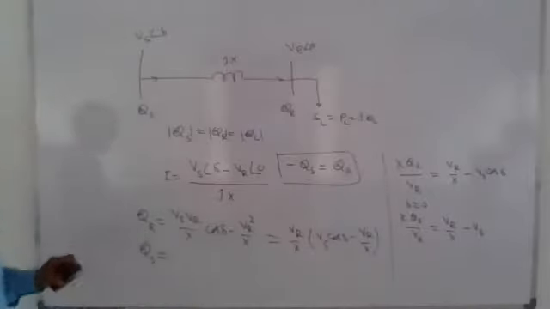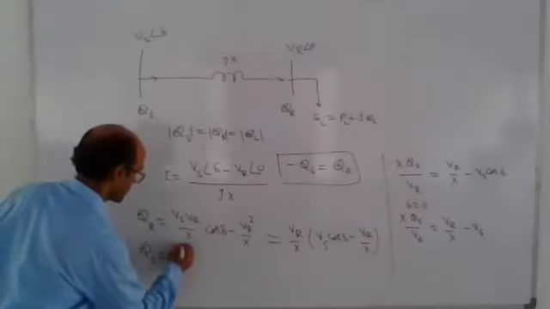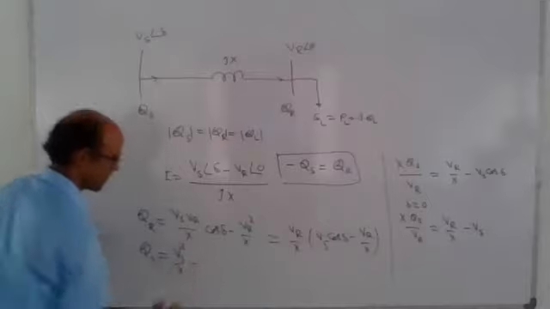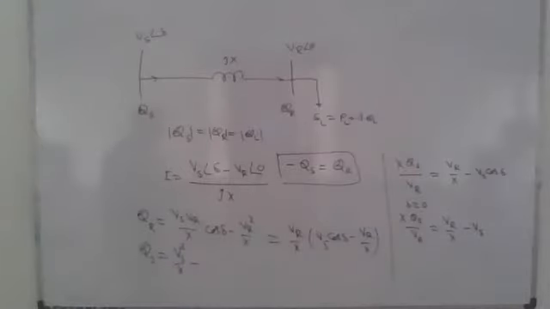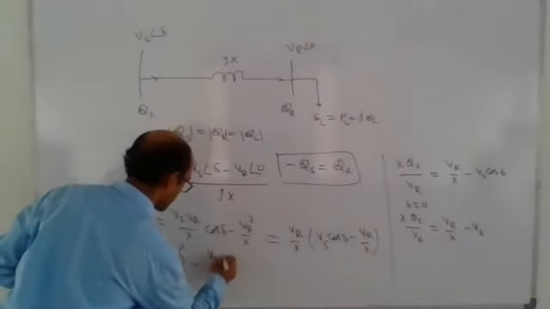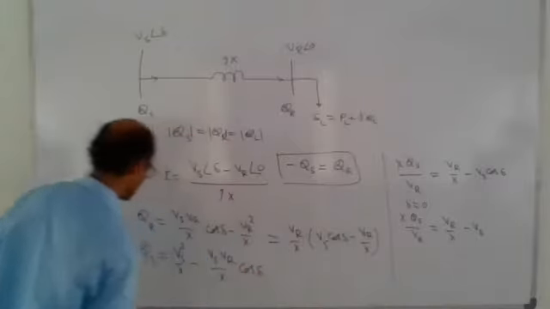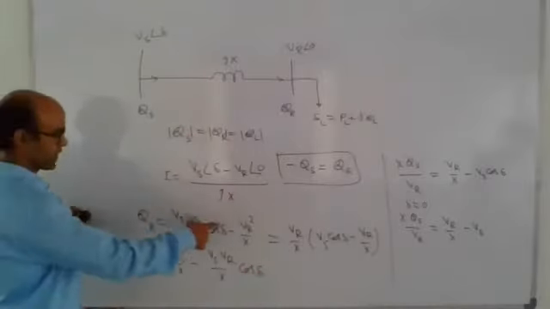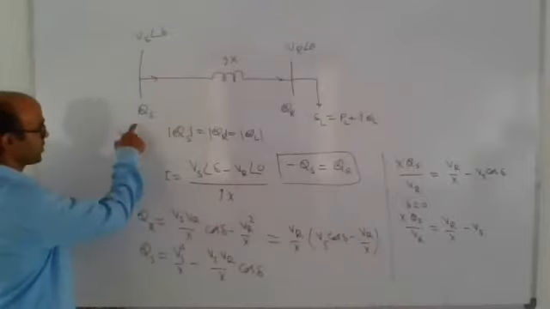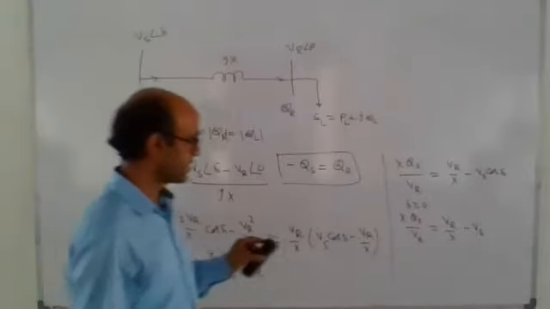QS is VS square by X minus VS VR by X cos delta. So at the place of VR, we are putting VS, because we are getting it from this side. So just make this one correction.